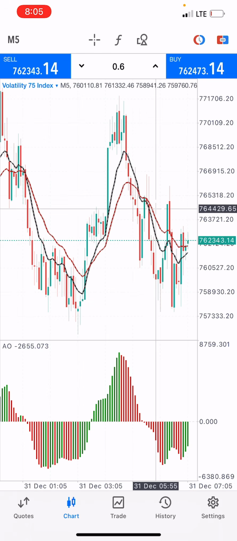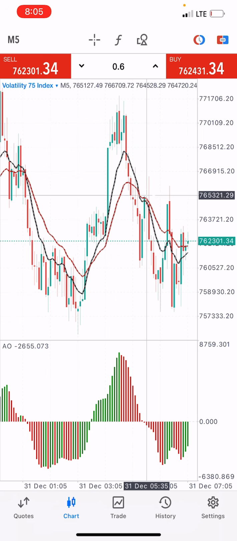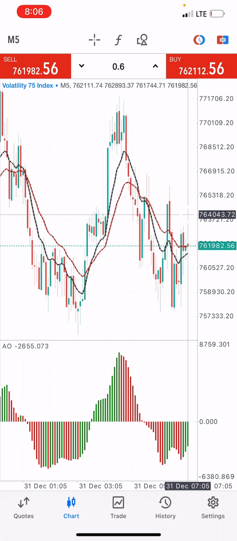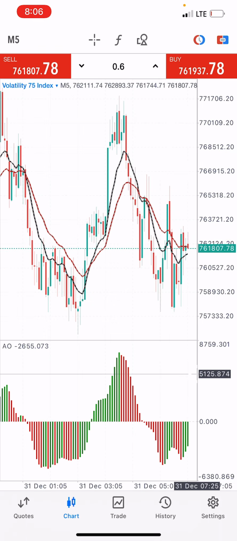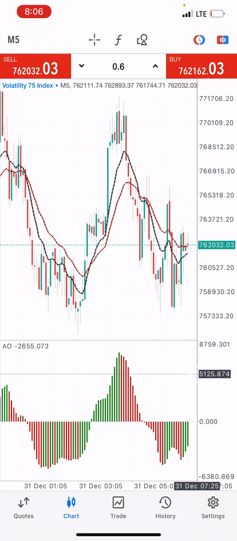You can see volatility 75 index is very volatile, so as soon as you enter at this point, you make your profit. With this powerful strategy, guys, you make profit for yourself. You can see we're in profit for the volatility 25 trade that we took. Guys, set your indicators and start making money too with this powerful strategy.